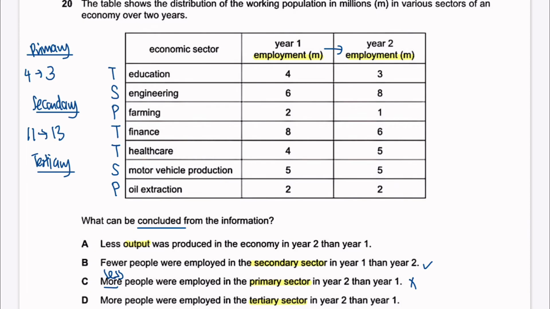So 4 plus 8 plus 4, you'll get 16, and year 2, you'll get 3 plus 6 plus 5, you will get 14. So for tertiary, the employment reduces. So this should be fewer people. So B is the answer.